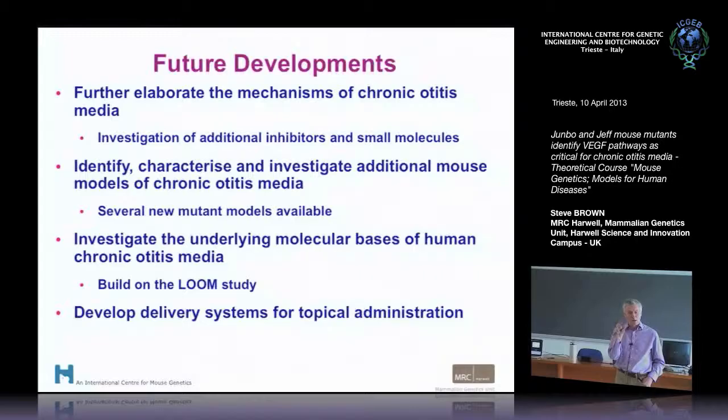But the whole goal here is to move the treatment of this condition into primary care, that you simply go along to your primary practice nurse who delivers a drug to the kids, maybe recurrently once a month or something like that, to damp down the chronic middle ear inflammation.